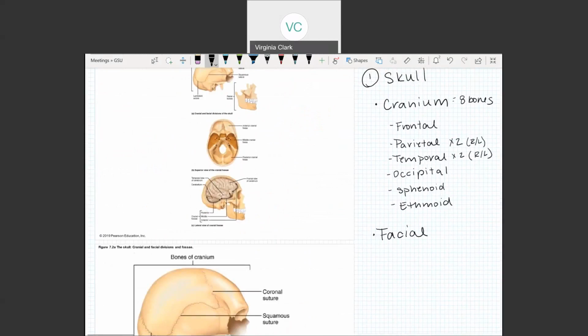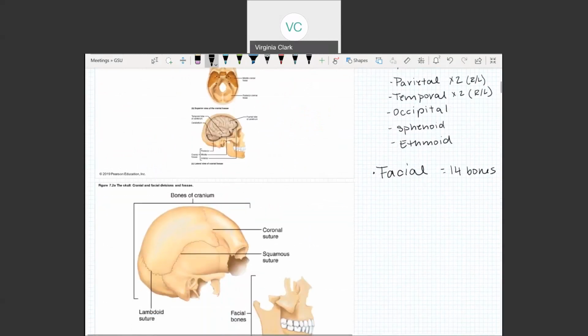So looking at our facial regions, there are 14 bones. These are going to be your mandible, which makes up part of your jaw, your maxilla. You will have a lacrimal bone, which will make up part of the socket of the eye.